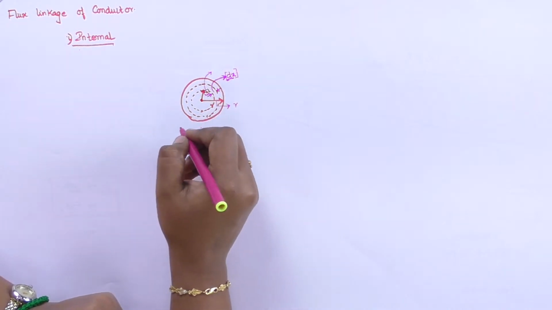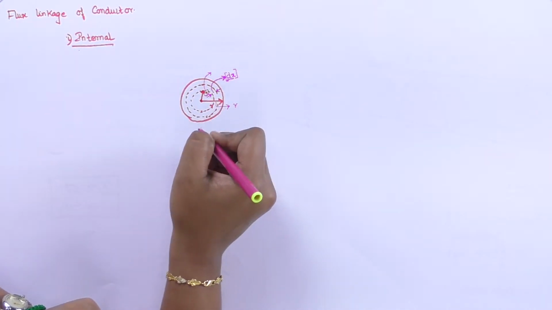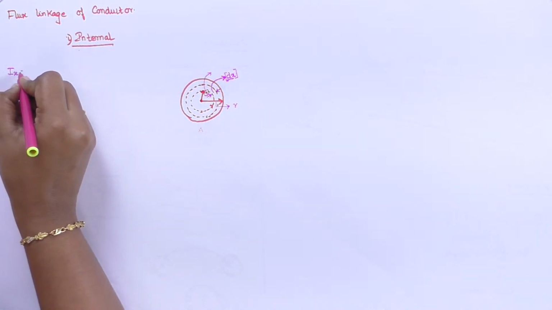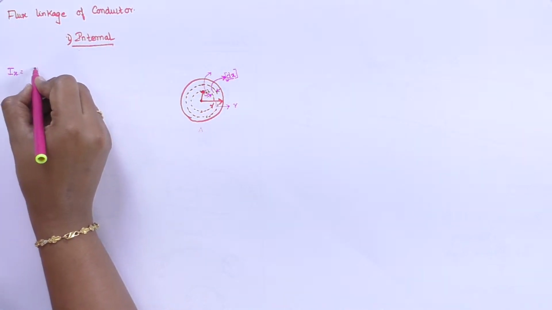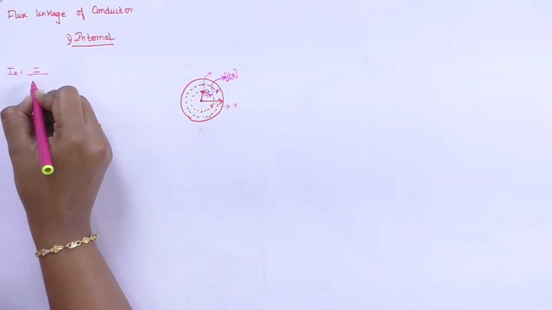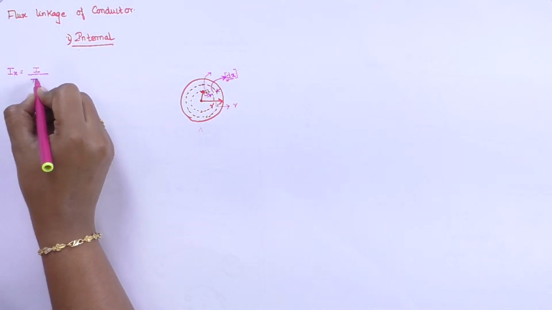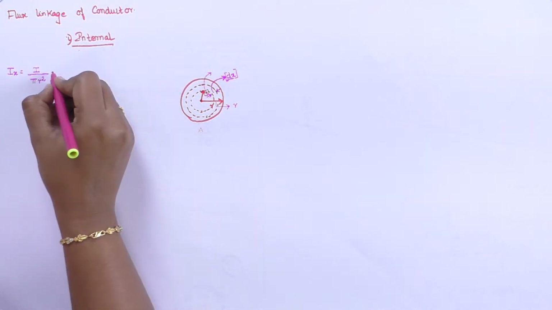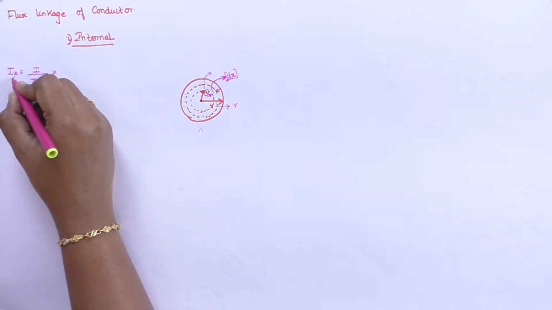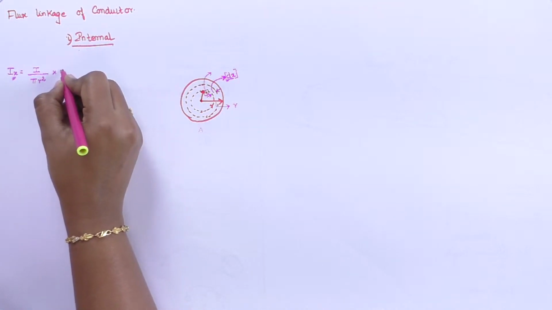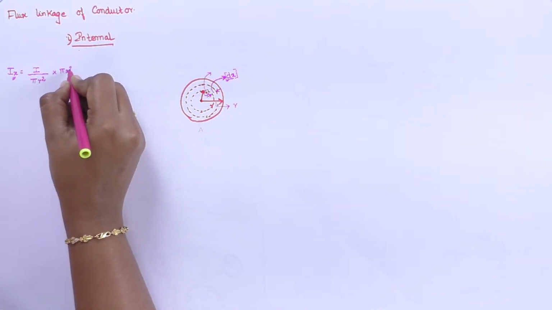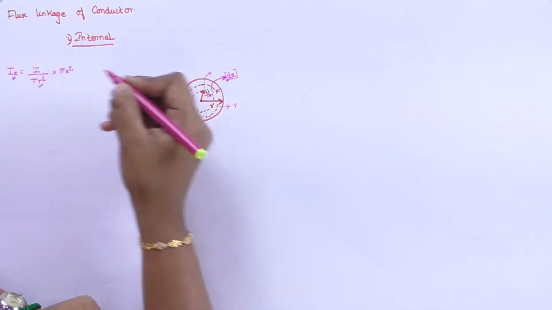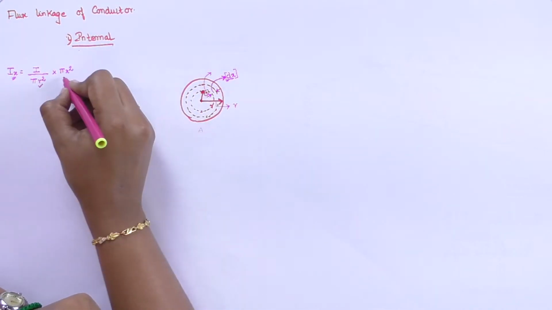So the first point is we have to calculate the current variation at the point x. So Ix we have to calculate. Ix is equal to total current divided by the area. The conductor is circular, so pi r square, and for the radius x, pi x square. So the whole radius r and the radius x.